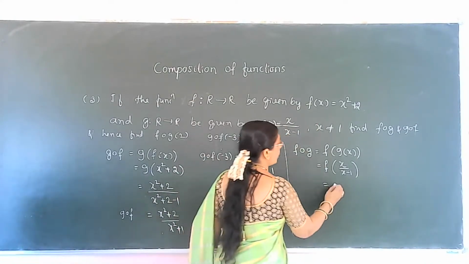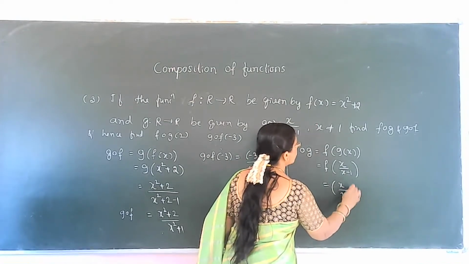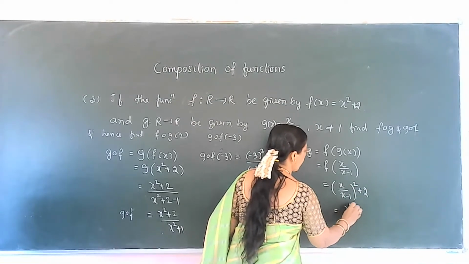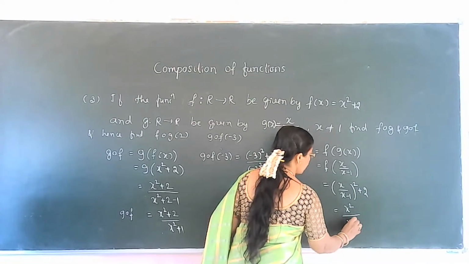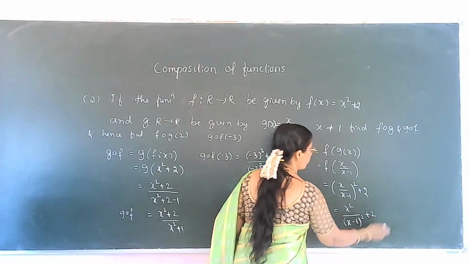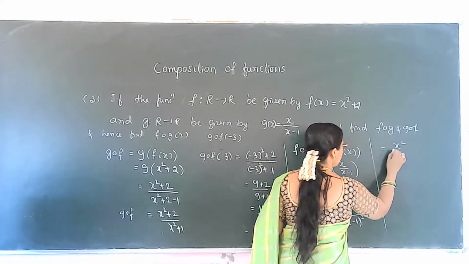F is the function of x square plus 2, so f of g of x is x divided by x minus 1 whole square plus 2, which is equal to x square divided by x minus 1 whole square plus 2.